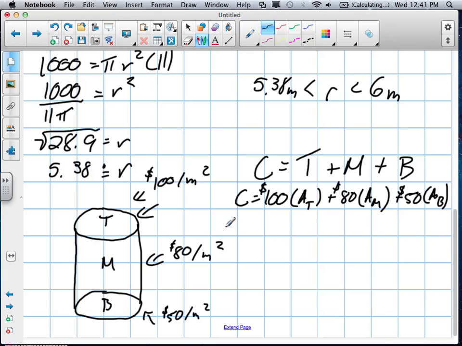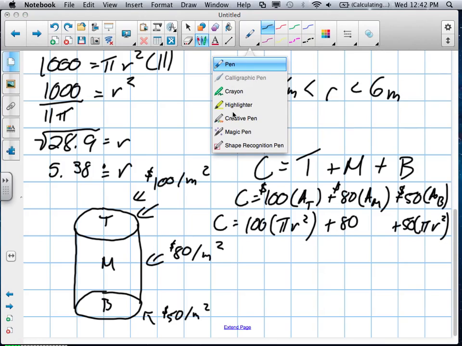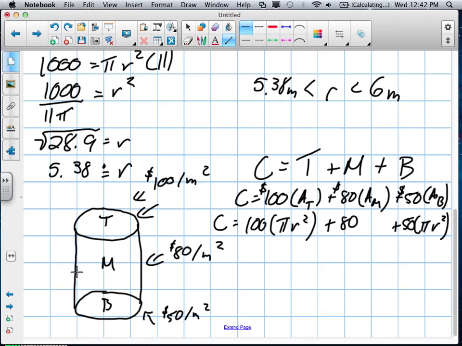Well, the area of the top, C is equal to 100 times the area of the circle, which is pi r squared, plus 80 times the middle, we'll talk about. We'll go to the end first: 50 times pi r squared. Same thing, top and base. The middle, if you guys remember, is actually a rectangle. When we break it all up, we pull this out and unravel it, we get some type of rectangle.